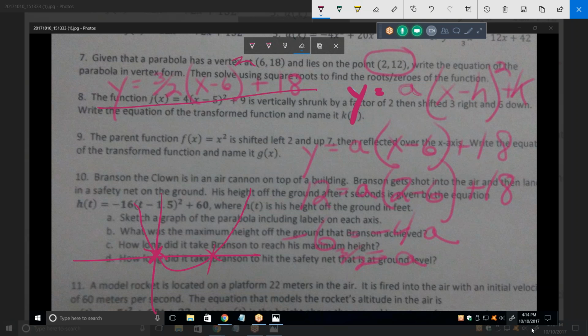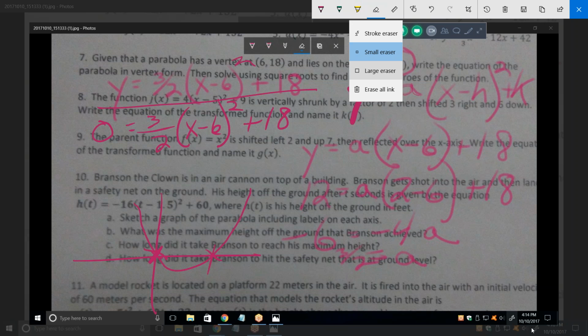And what's the y value on both of those points? 0. So that's why we set y equal to 0 when we're solving for the zeros of the function, because that will give it.